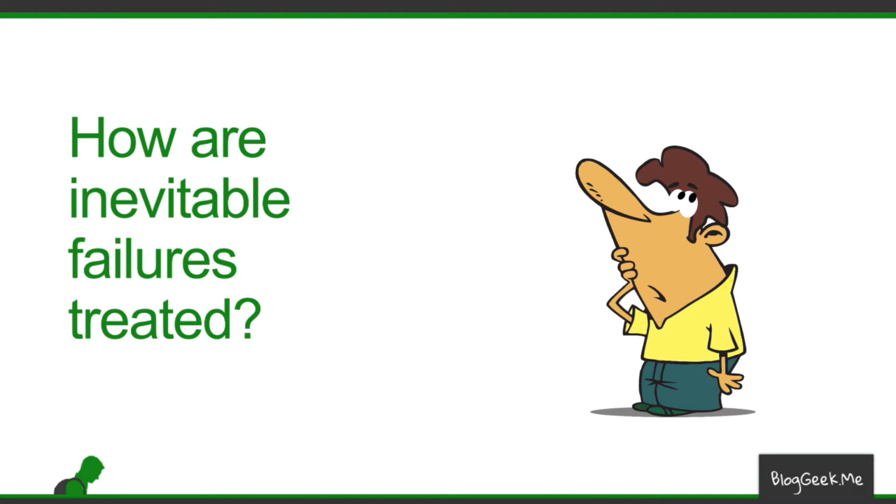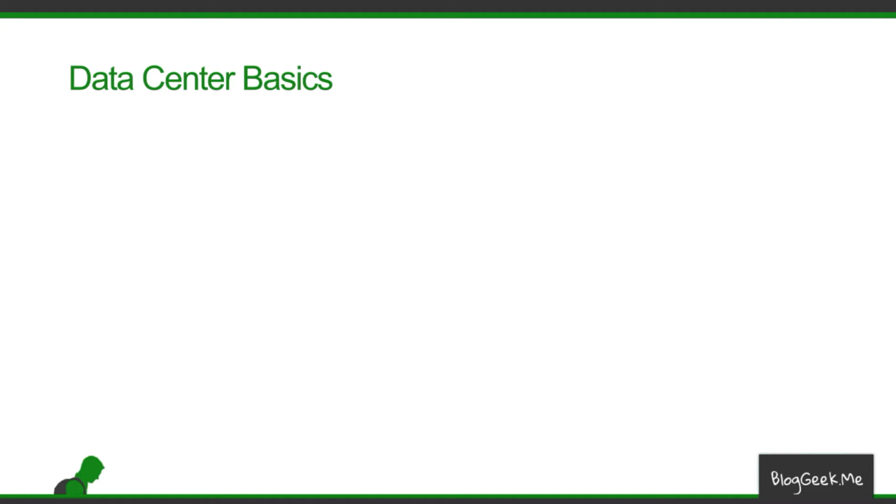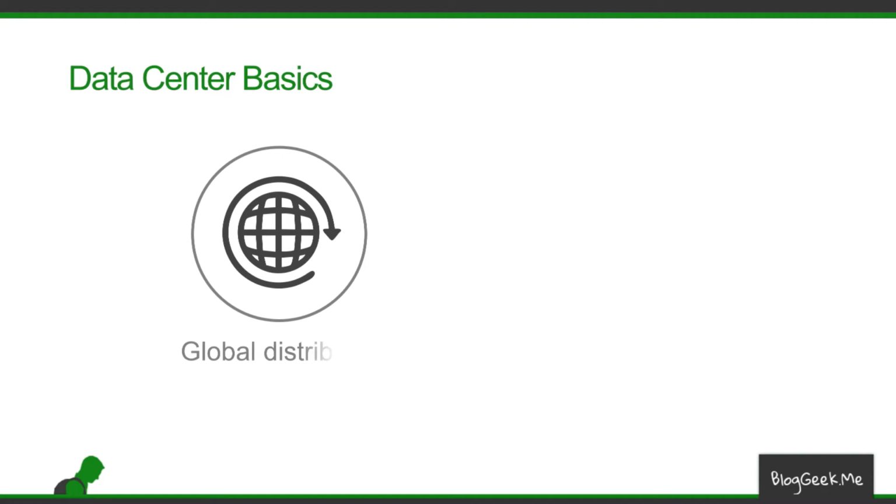How are we going to mitigate for that? How are we going to deal with the inevitable failures that are going to occur? First thing to remember is that we run on cloud data centers today, which comes with two basic building blocks for that. The first one is a global distribution. We have multiple regions across the world. We can switch workloads from one region to another when needed.